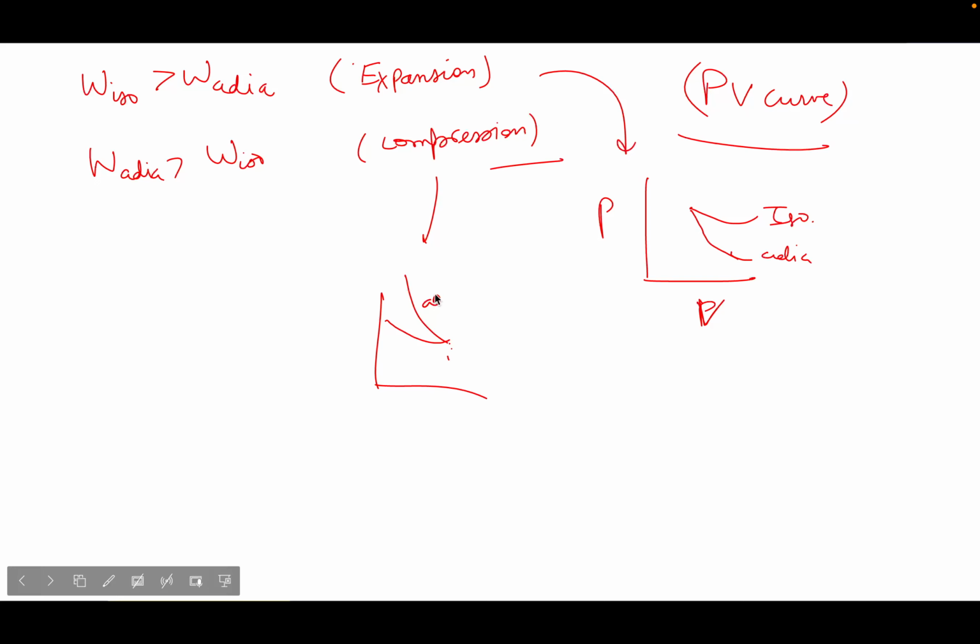So this is adiabatic and this is isothermal, P versus V, and the area under the PV curve is the work. So the area under the curve is more for adiabatic in compression and more for isothermal in expansion.